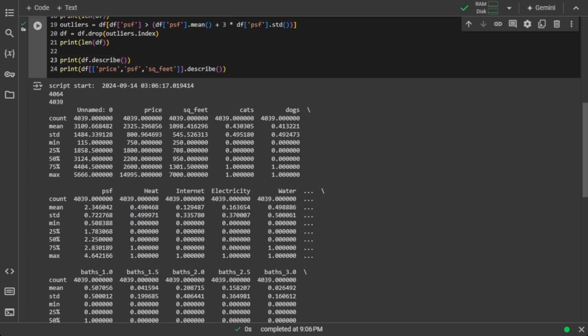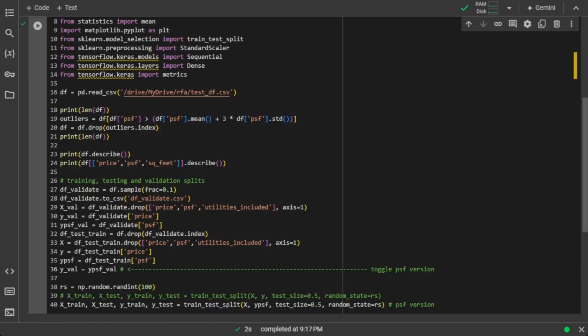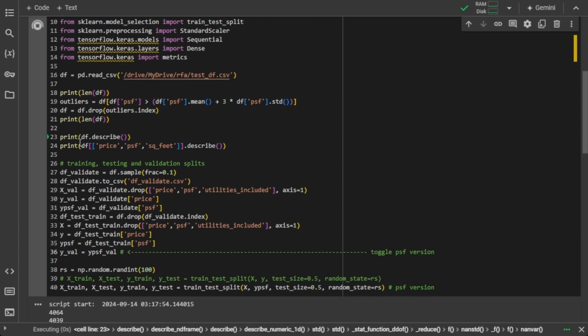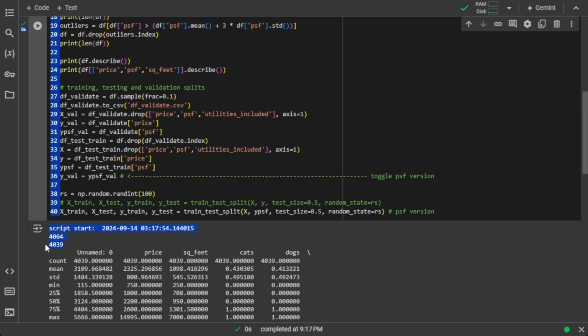So let's move on to some splitting. Alright folks, so we've got our splits. Now, there's a few things to talk about here. So again, we're dealing with a data set of 4,039 records or rows long.